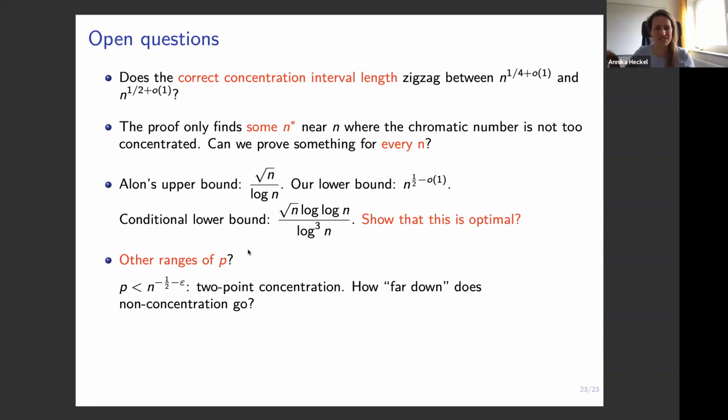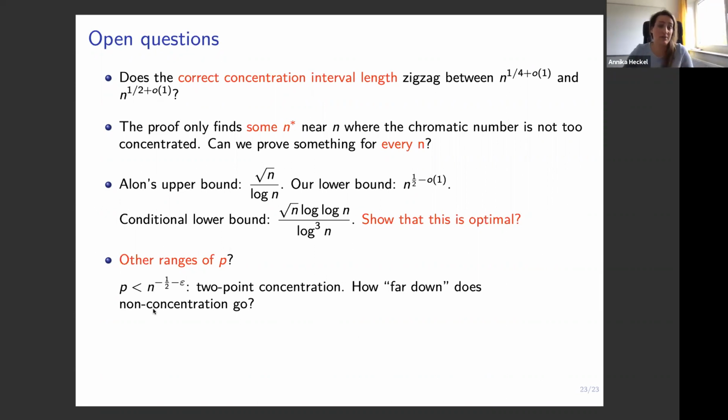Now the zigzag conjecture, we're not sure it holds at all, but we don't conjecture it for every constant p, because the behavior of the chromatic number kind of changes for p bigger than about 0.886.